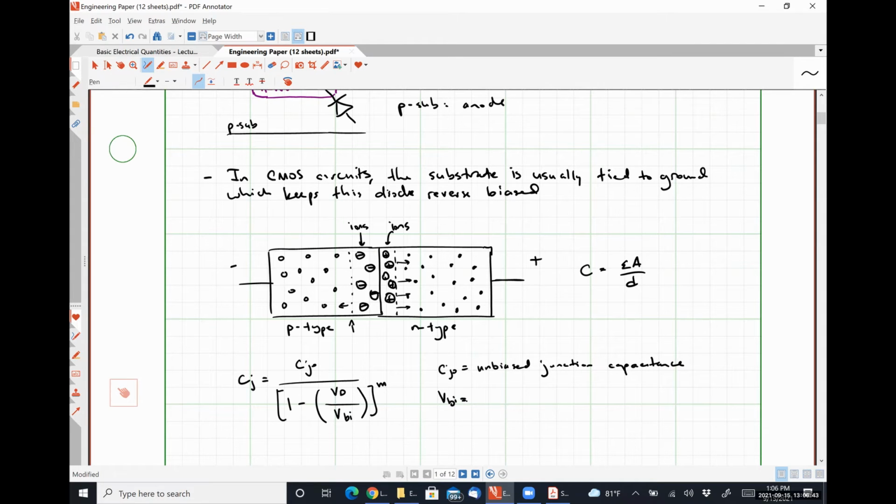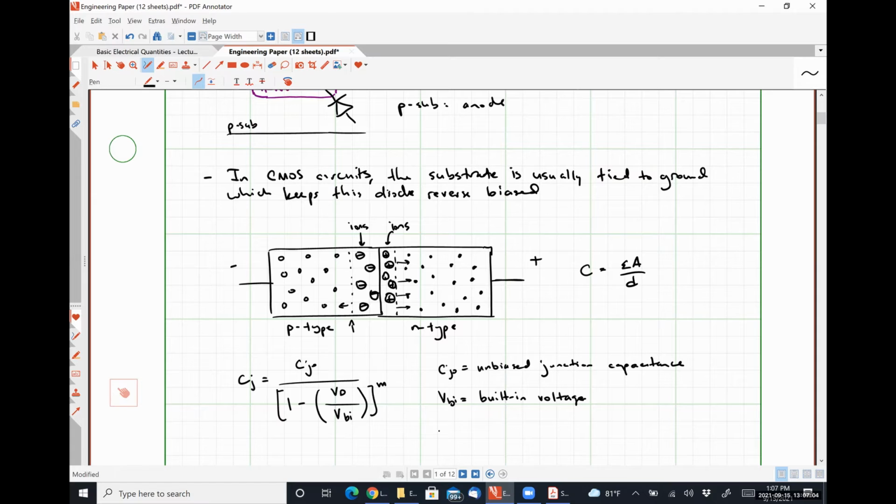Vbi is the built-in voltage of the junction. So effectively, that's the built-in potential that causes diffusion and drift to cancel each other out, which establishes the width of this space charge layer.